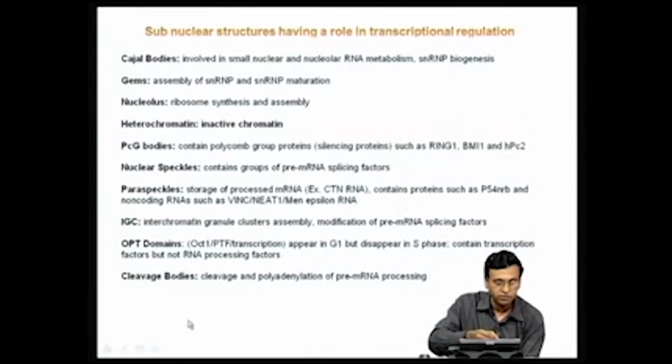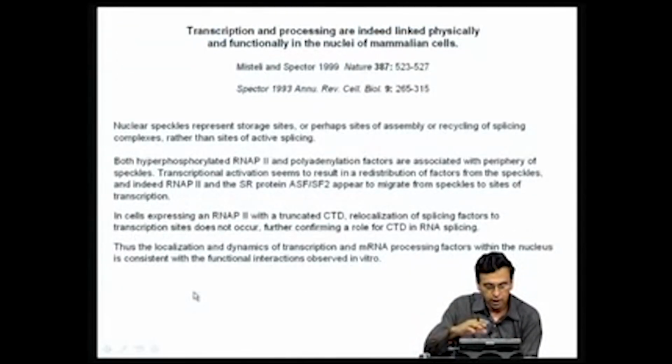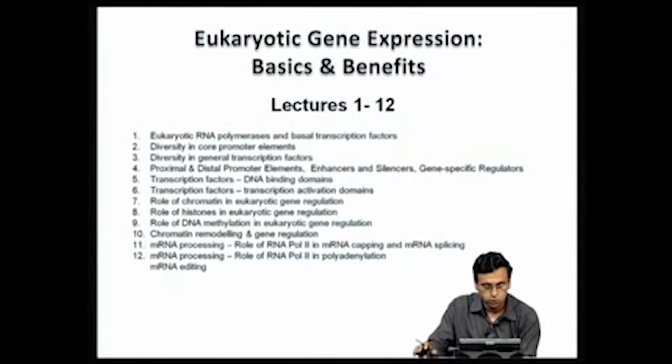A number of subnuclear structures have been recognized in recent studies. There are nuclear speckles, for example, which play a very important role in storage of certain RNA molecules. We will discuss this again later during the course.